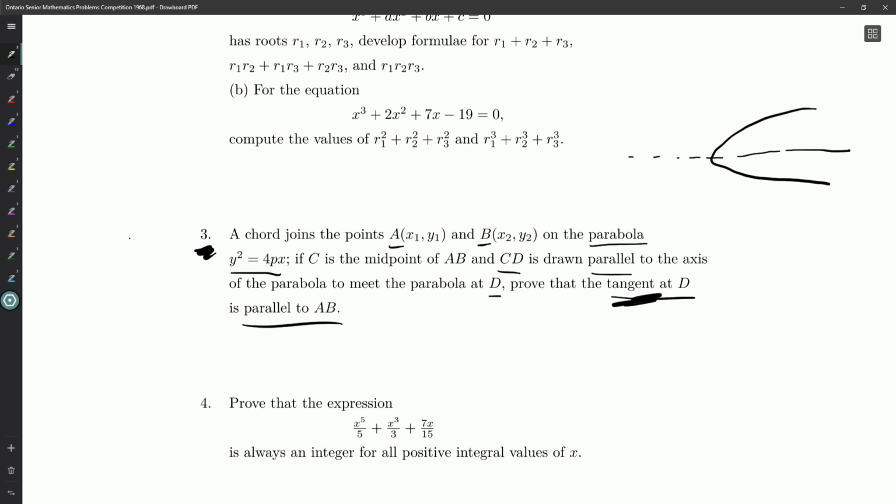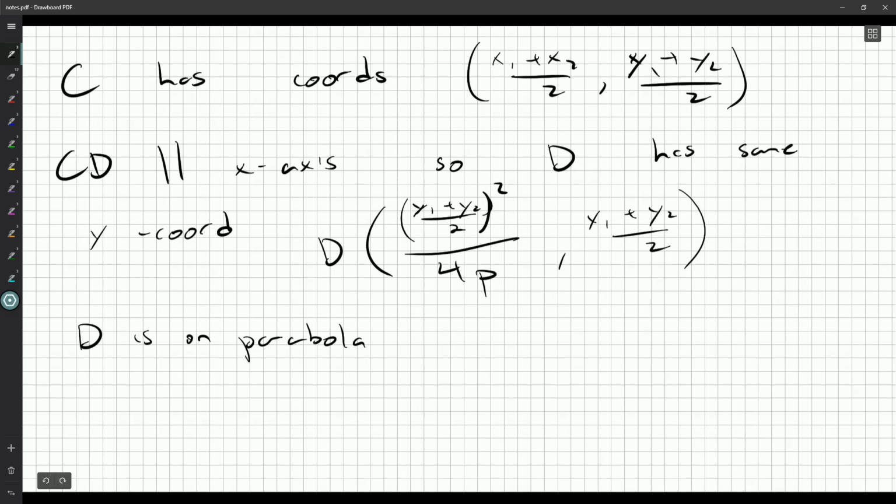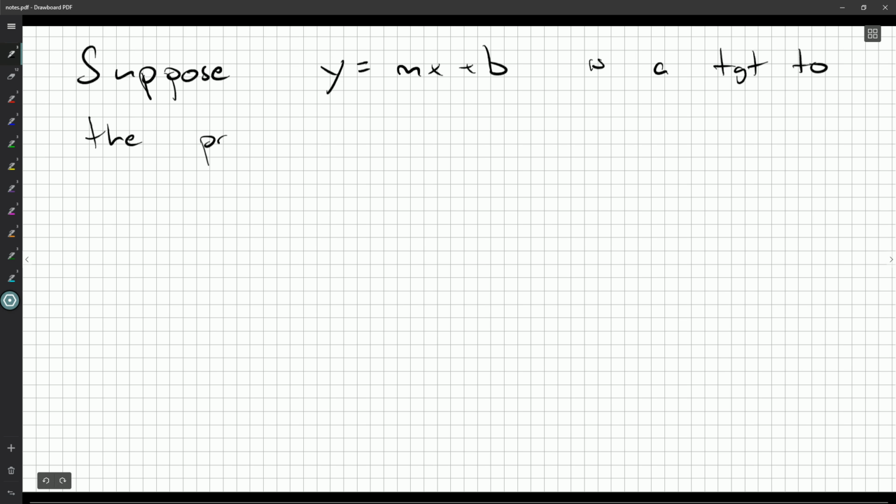But what else could we do? Let's phrase it this way. Suppose y equals mx plus b is a tangent to the parabola y squared equals 4px. Okay?